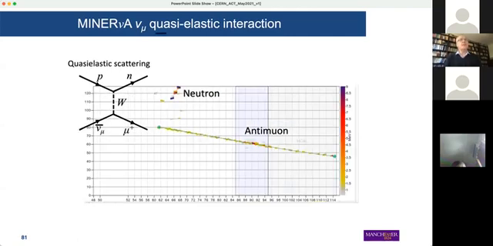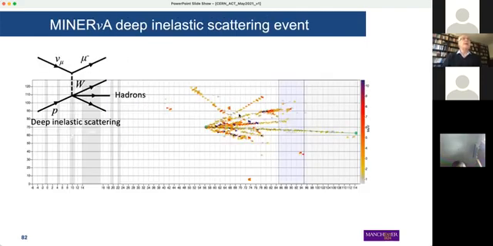Then this is one where there's an anti-muon, and the neutron is visible through some light it produced, and it takes a while before it does that. There is a deep inelastic scattering event, which you can basically recognize. Here's the muon and a lot of other stuff that has been produced.